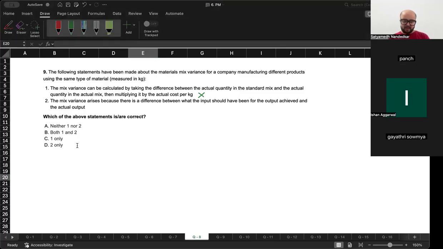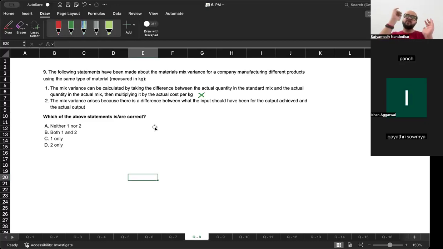I think statement 2 talks about material yield variance, not about material mix variance. For this level of input, what is the actual output versus what should have been the real output? The difference of these two is material yield variance. So both statements are incorrect. Okay? Yes, sir. Cool.